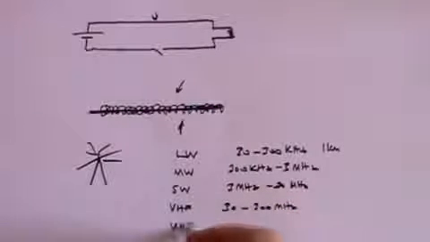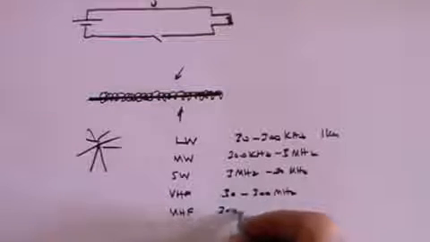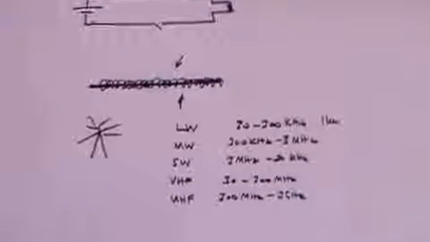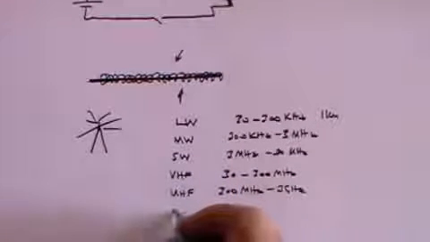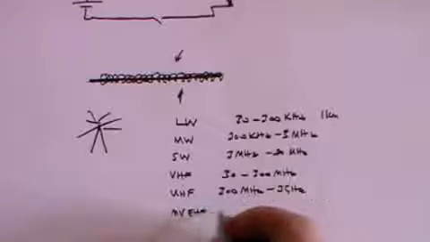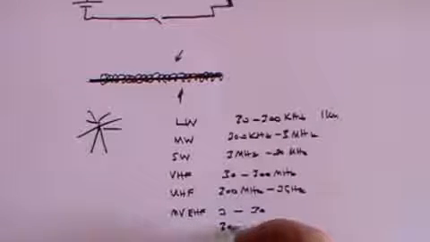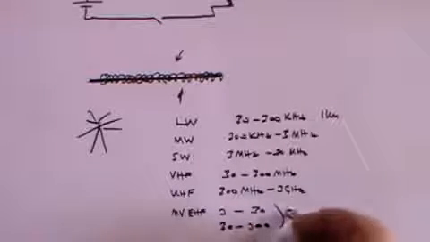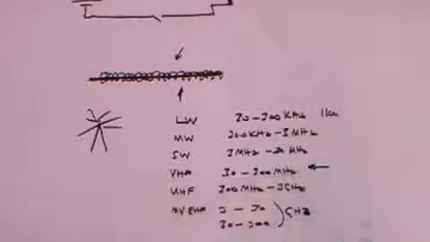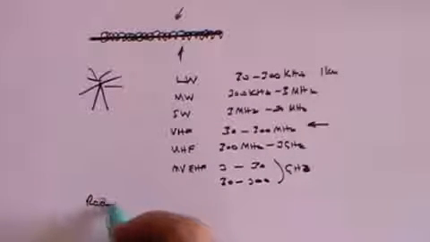UHF, which is what we use for television broadcasts, is 300 megahertz to 3 gigahertz. And then you can have some microwaves, extremely high frequencies, EHF, and that's 3 to 30 and sometimes even 30 to 300 gigahertz.